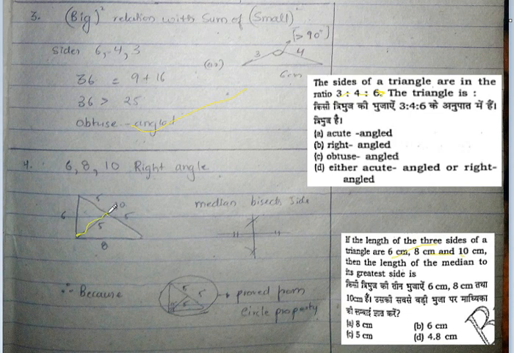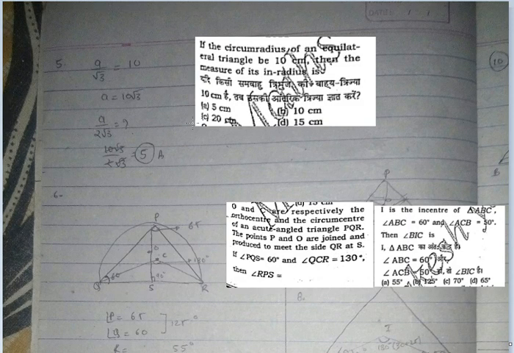So we know the medians are always equal from the center, because the intersection of all the medians is the centroid. So from this side, all the parts are equal, so we can calculate this. The bigger side is 10, so it's 5, 5, and this should also be 5. So the answer is 5. Next question.